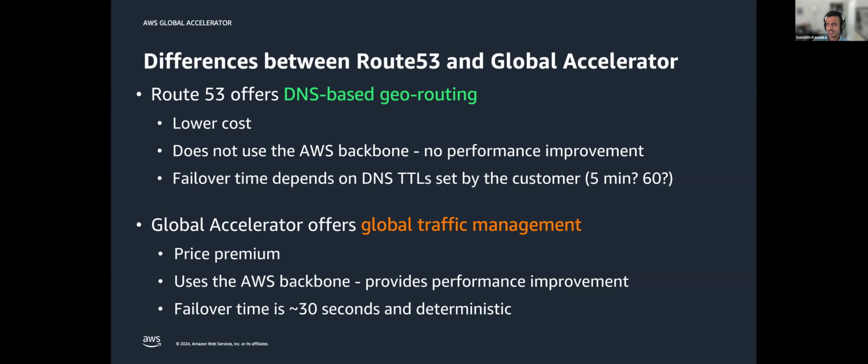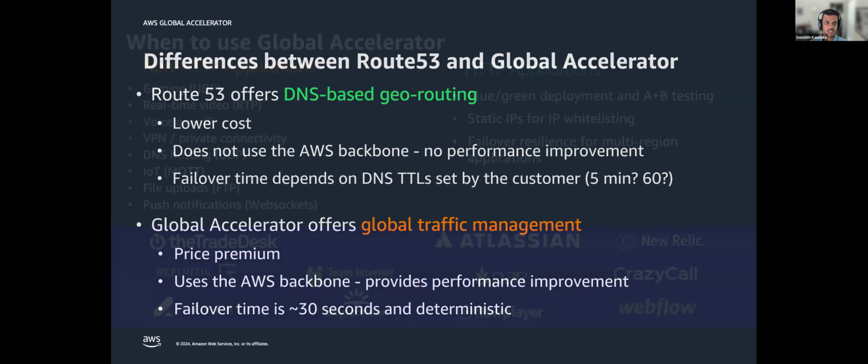Route 53 offers a sort of load balancing, but it's primarily DNS-based geo-routing. Global Accelerator provides the additional benefit of global traffic management while also enabling application traffic acceleration, which DNS or Route 53 does not provide.